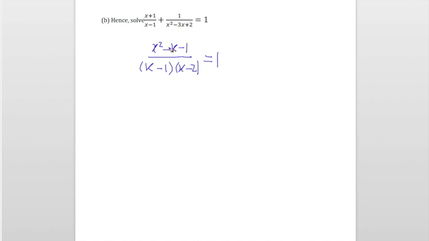So once again, we have a fraction in an equation, so we need to cross multiply. So when we cross multiply, then we have x squared minus x minus 1 equal to, expand this out, x squared minus 3x plus 2. Okay, so we simplify and we find that x is 1.5.